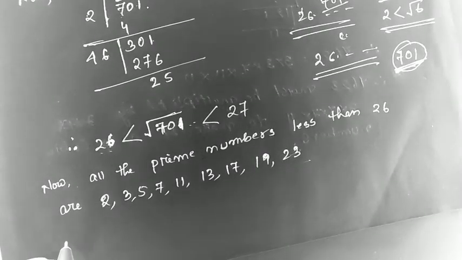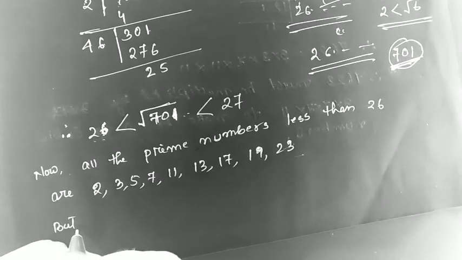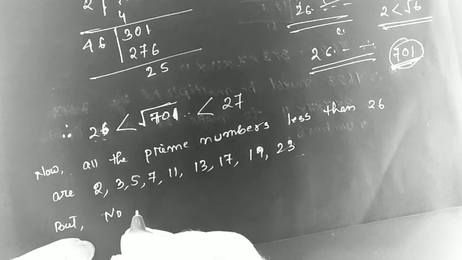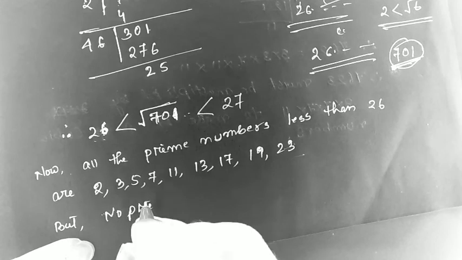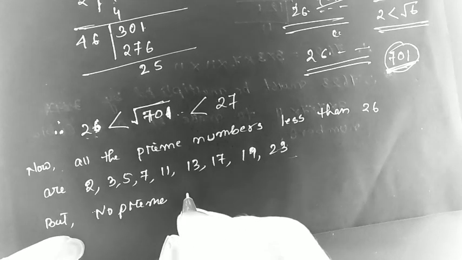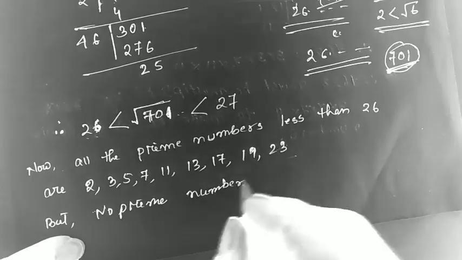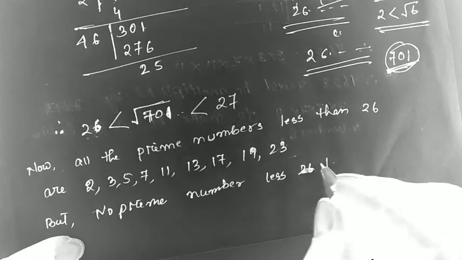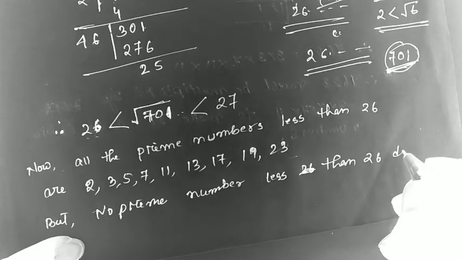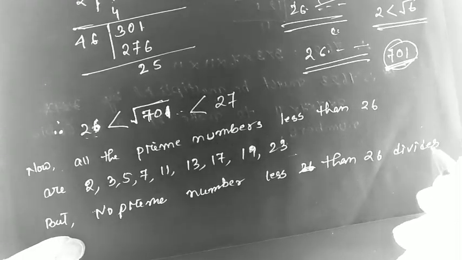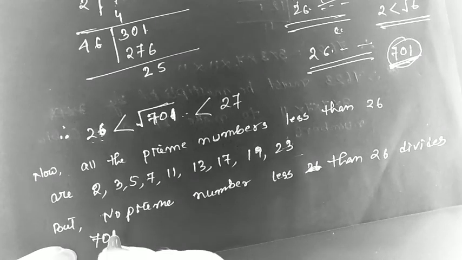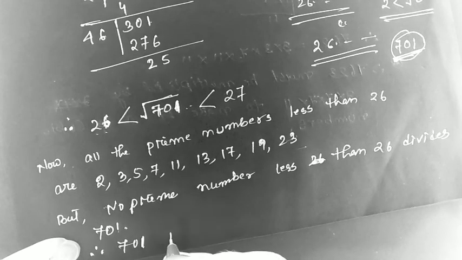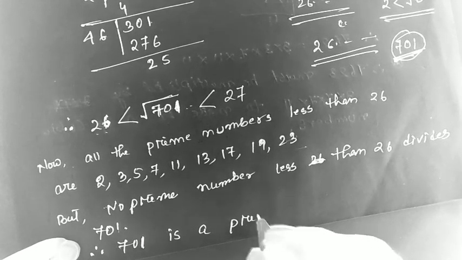So you can write: no prime number less than 26 divides 701. Therefore 701 is a prime number.